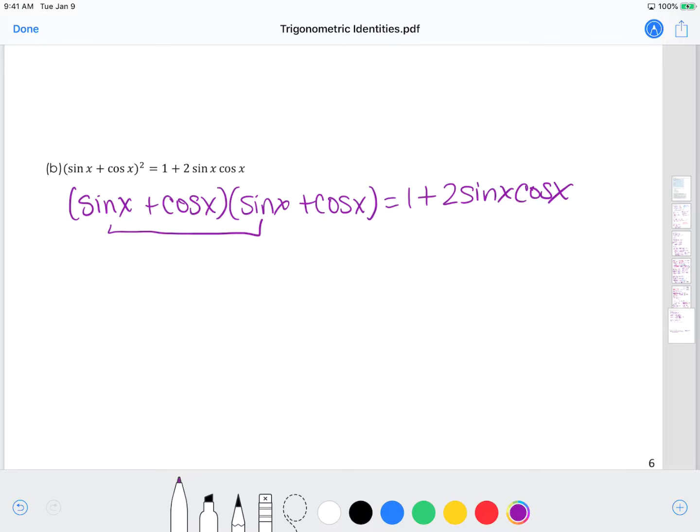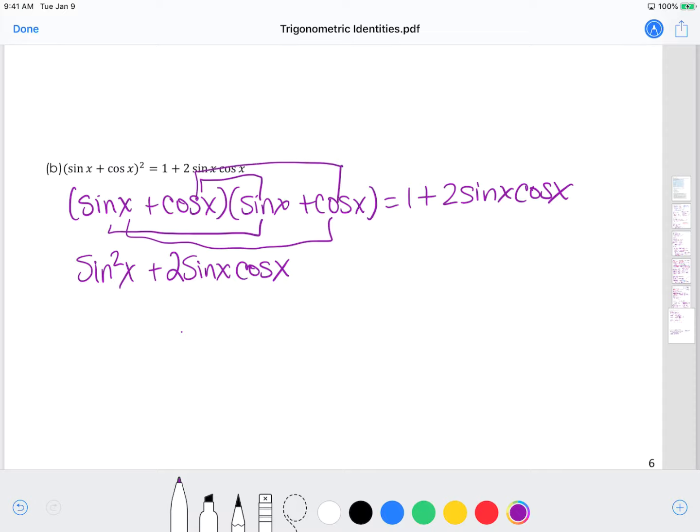I have sine x times sine x. That gives me sine squared x. Then I have sine x times cosine x. Then I have sine x times cosine x again, which makes this a 2, because I have 2 of them. And then I have cosine x times cosine x, which gives me a cosine squared x.